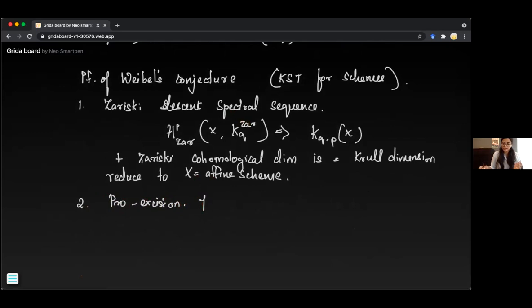And then you can show from the Mayer-Vietoris exact sequence for blowups that if the class vanishes in the K group of X prime, it should also vanish, by some induction hypothesis, in the K group of X itself. So this is pro-excision for blowups, plus some induction on dimension.